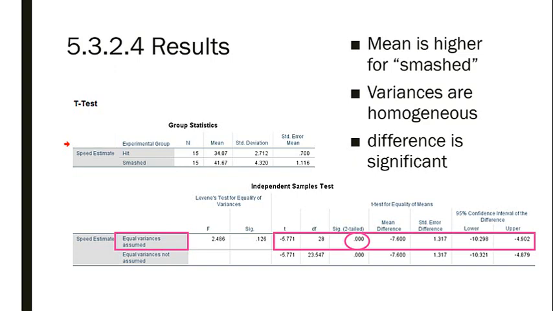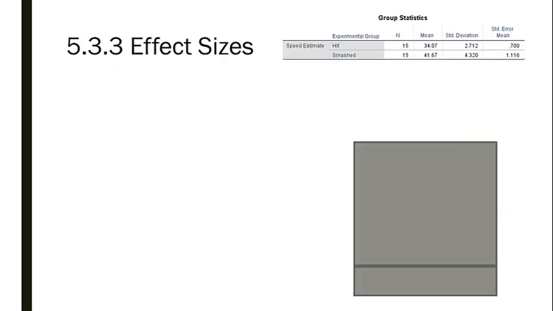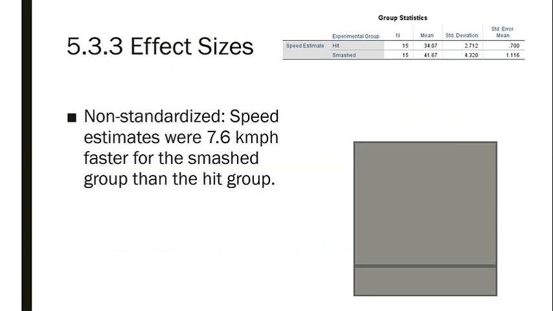Now we want to do some follow-up analyses and report effect sizes. Your textbook and the pink book don't talk about this, but that non-standardized difference, that difference of 7.6 kilometers per hour in the independent samples t-test second table, that is an effect size.